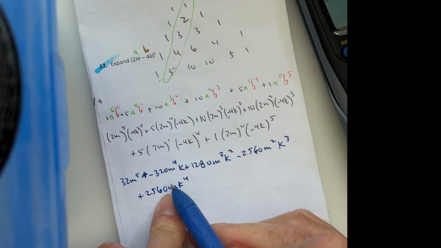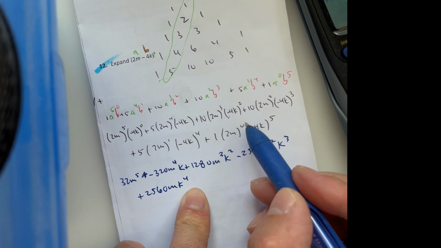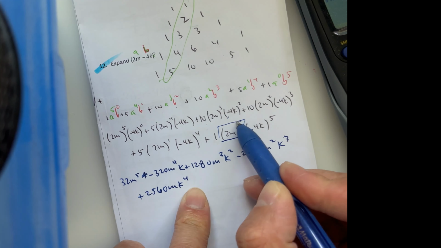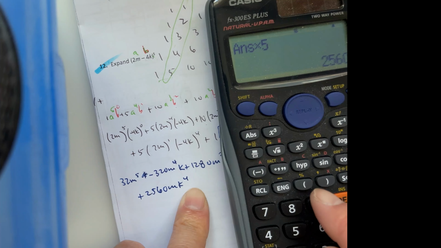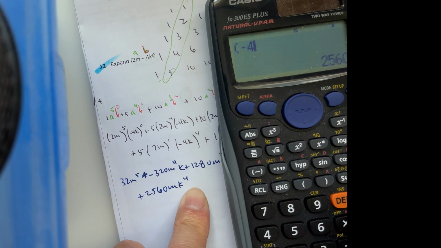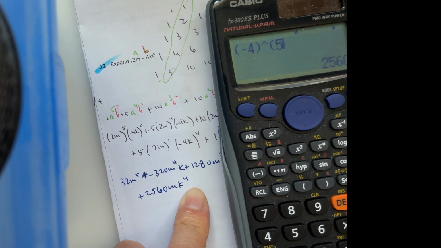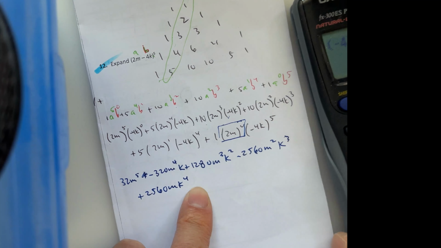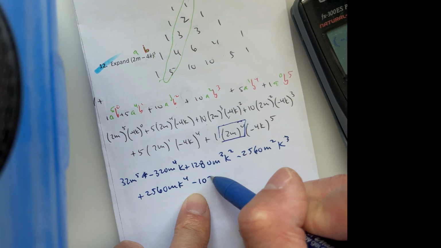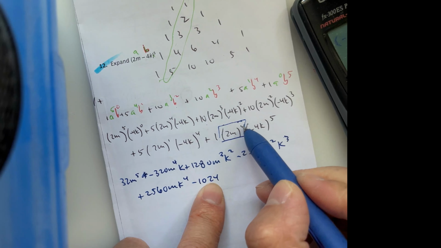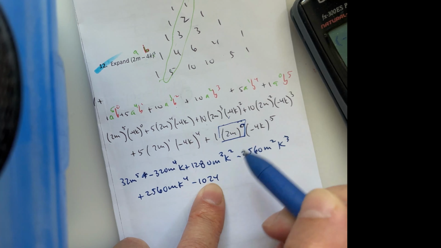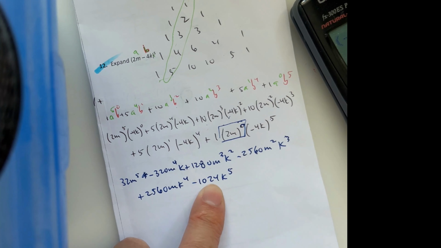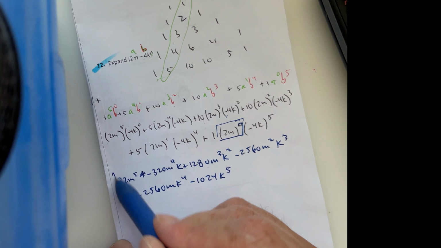Remember, m to the 1st, you just leave it like that. And then this last one, all of this is equal to 1. So it's negative 4 to the 5th power. Negative 1024. M to the 0. K to the 5th. And that's my answer.